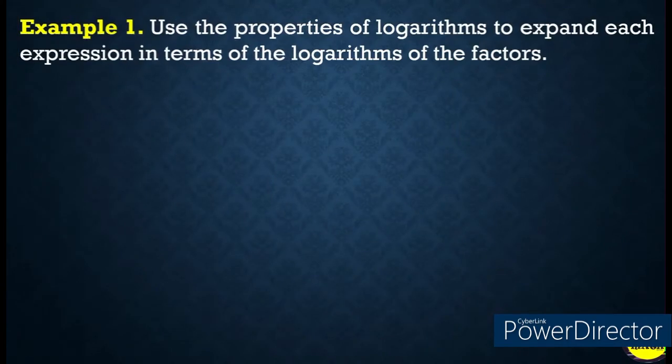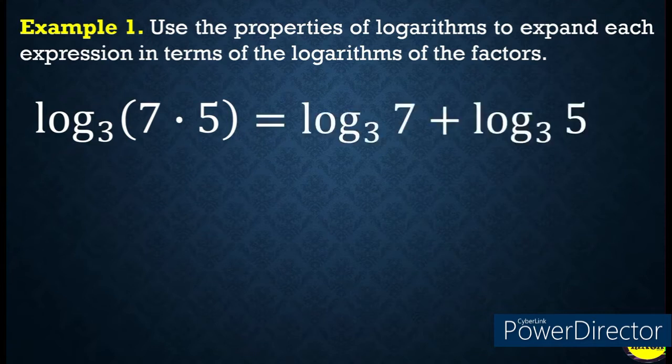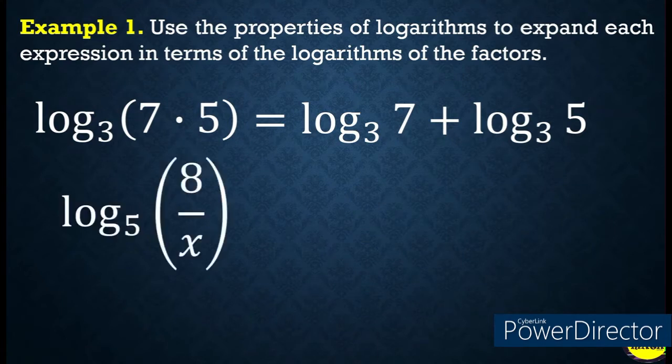Okay, I'll give you more examples. Use the properties of logarithms to expand each expression in terms of logarithms of the factors. So for example, we have logarithm of 7 times 5 with base 3. We are going to use law number 1. So logarithm of 7 with base 3 plus logarithm of 5 with base 3.